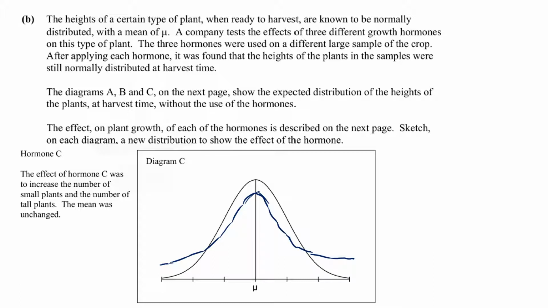So we have more here at each end. So notice how this bit has got bigger. But the number of plants in the middle has reduced. However, the mean has stayed the same. The mean hasn't changed. So the mean has only changed in our first part here. So that's it then. So there are 3 sketches.